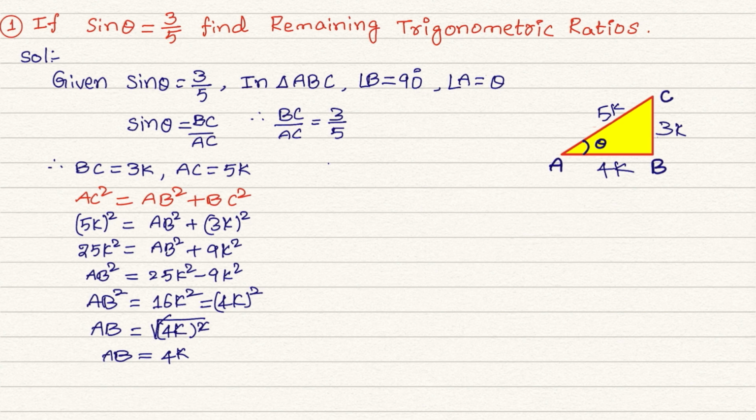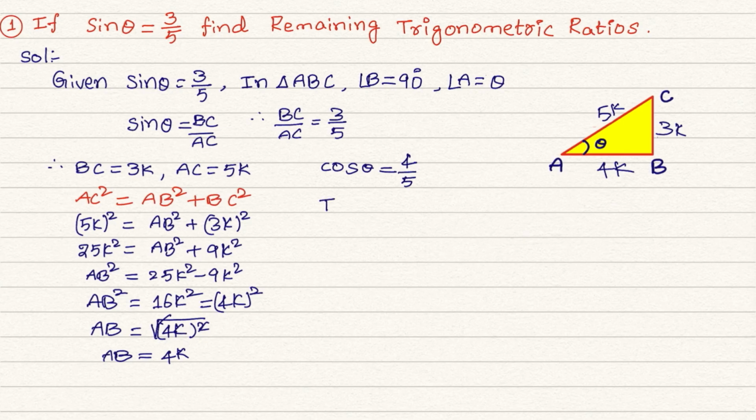Let us write what is cos theta first. Cos theta is the ratio adjacent side by hypotenuse. So here the adjacent side to theta is AB and the hypotenuse is AC, and it is 4K and 5K. So 4K by 5K, after cancellation we get 4 by 5. This is the value of cos theta.